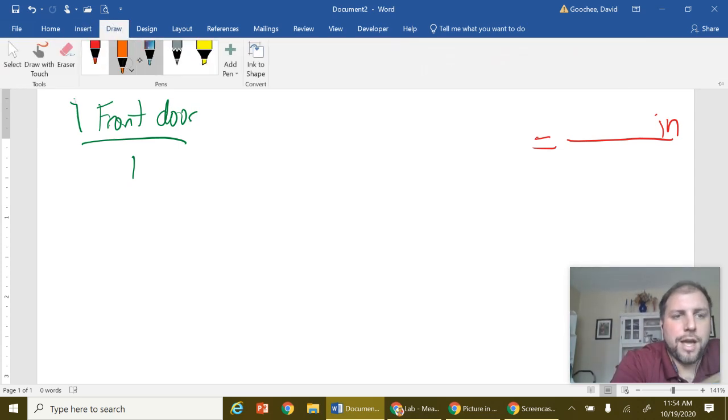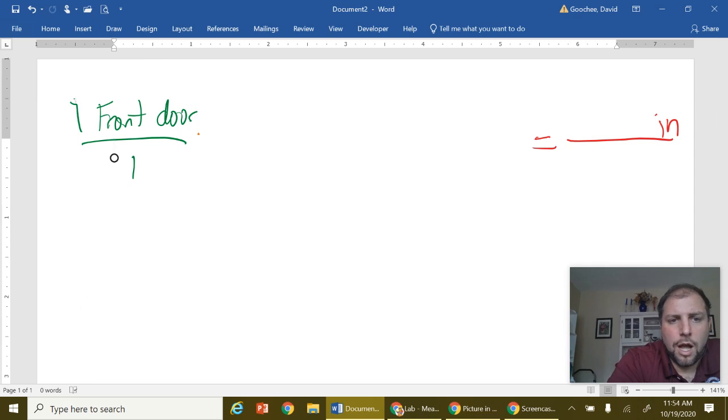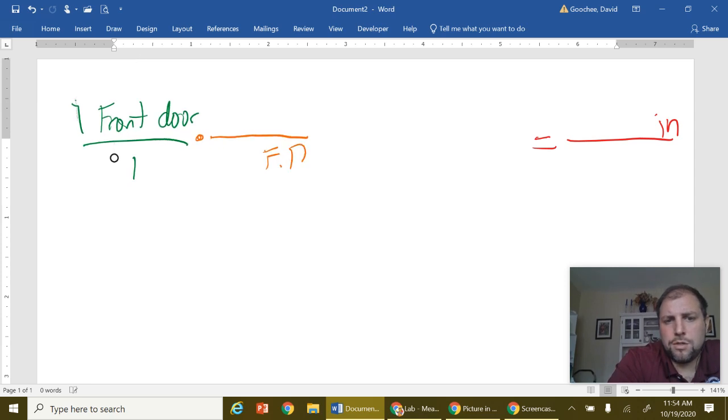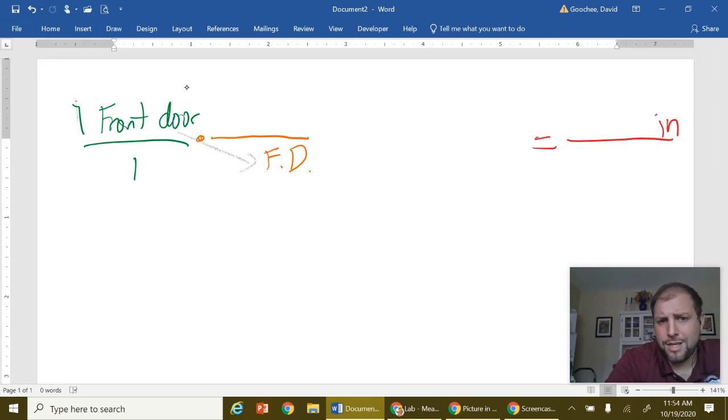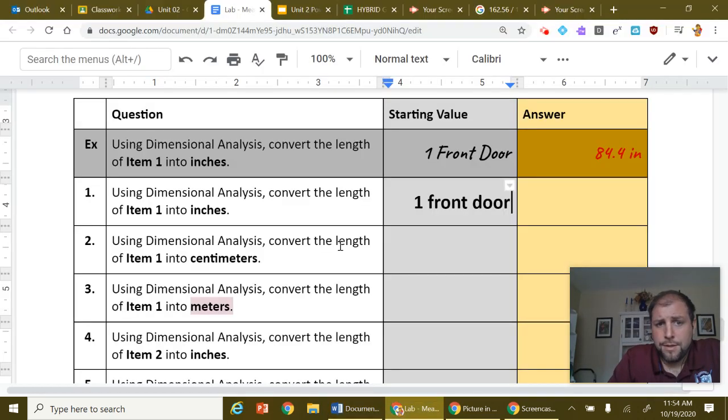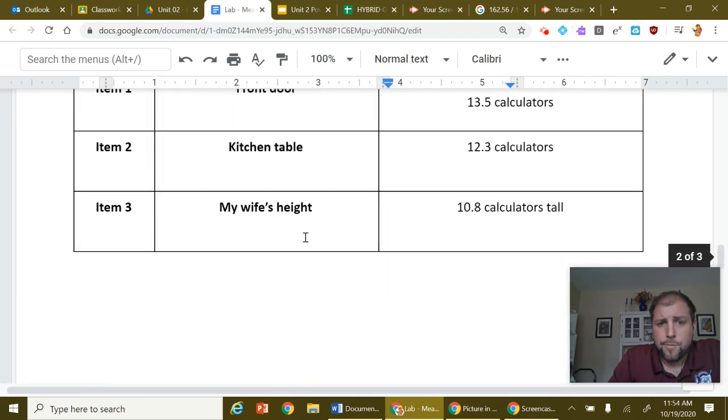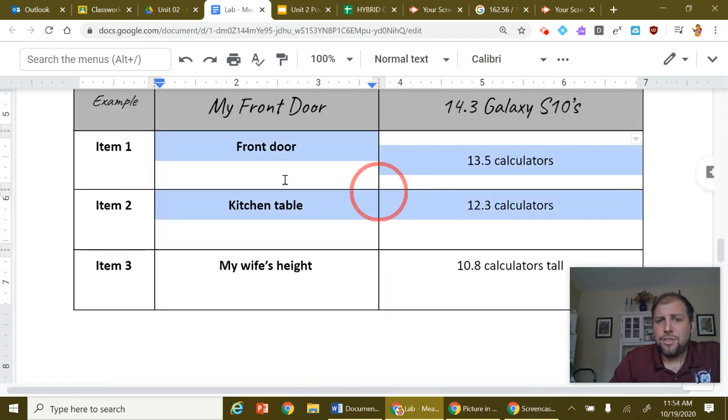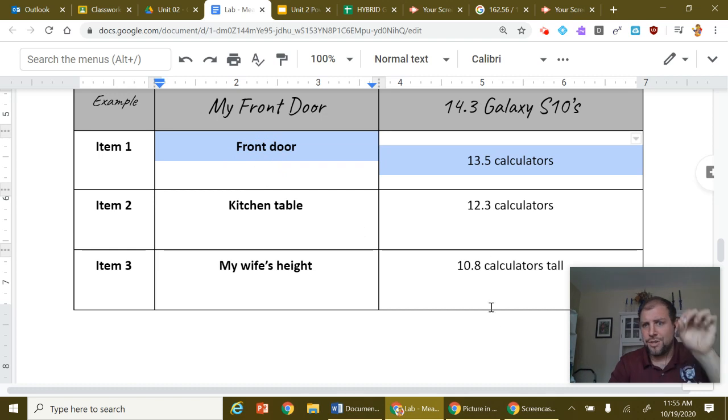Using the strategies of dimensional analysis, I want to get out of front doors, so I'm going to put front door on the bottom here. That's the easy part of dimensional analysis. The hard part is, what can I convert the front door into? Well, let me look at my data. I have that the front door is equal to 13.5 calculators.